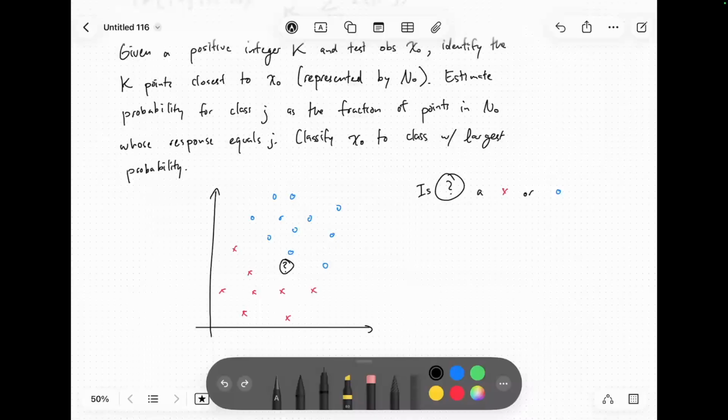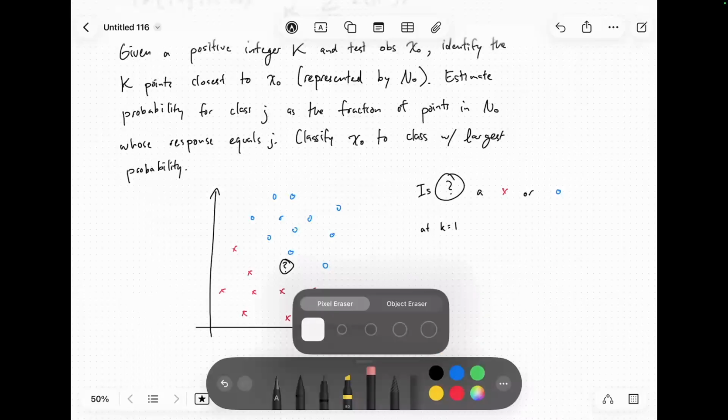Raise your hand if you think this question mark should be a blue point. Okay, raise your hand if you think it should be a red point. Okay, we're not so sure, right? So, how does this work? At k equals 1, we classify based on the closest neighbor.